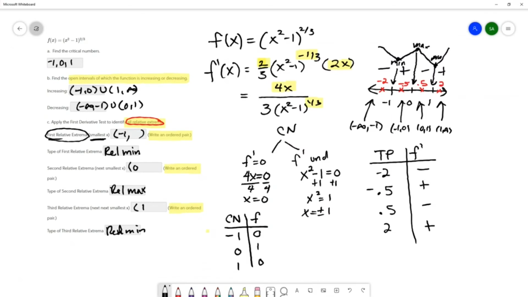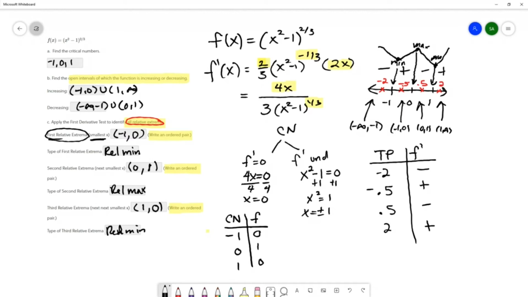So now I'll be able to complete these ordered pairs. We have the ordered pair -1, 0 being a relative minimum, the ordered pair 0, 1 being a relative maximum, the ordered pair 1, 0 being a relative minimum.